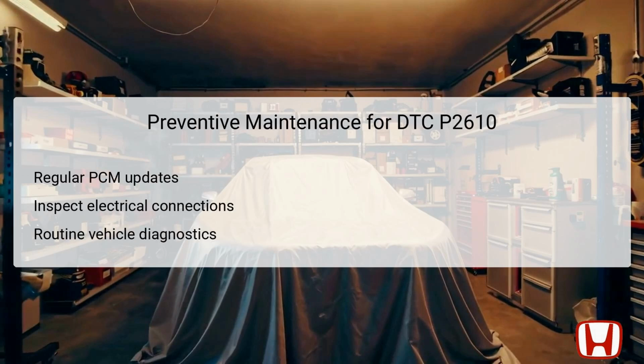Preventive maintenance is key to minimizing the risk of DTC P2610 and maintaining vehicle performance. It is advisable to perform regular updates on the Powertrain Control Module, PCM software, which can help mitigate bugs and improve functionality.